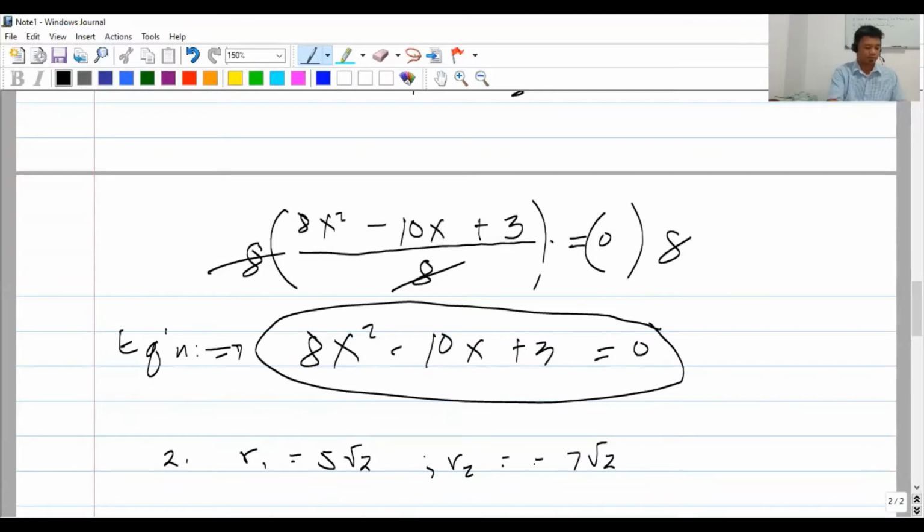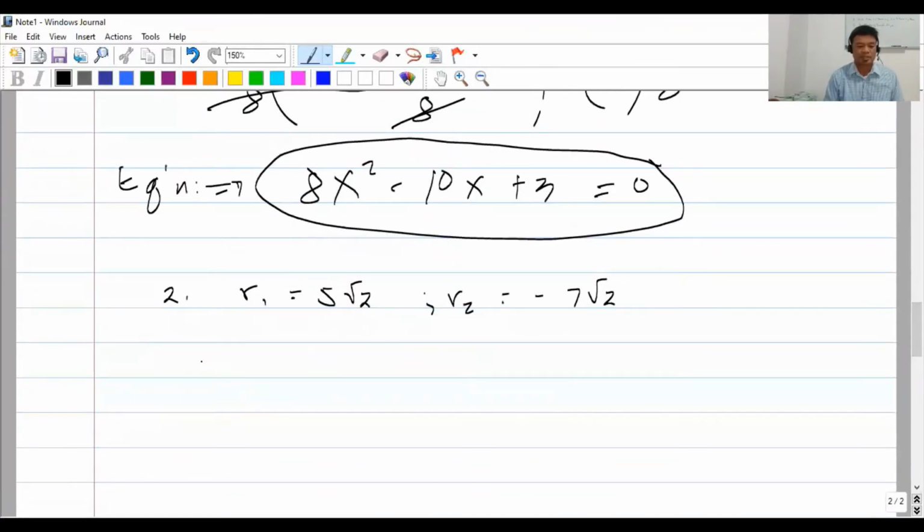Okay, so we have the sum, R1 plus R2, is equal to 5 square root of 2 plus the negative of 7 square root of 2, and that is 5 square root of 2 minus 7 square root of 2, equals 5 plus negative 7, which is negative 2 square root of 2.